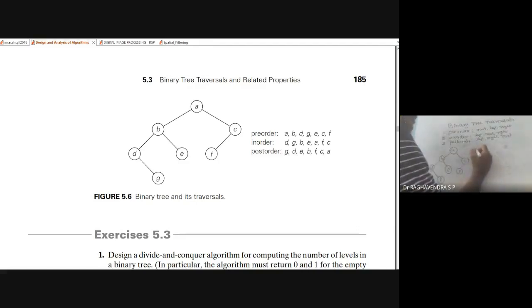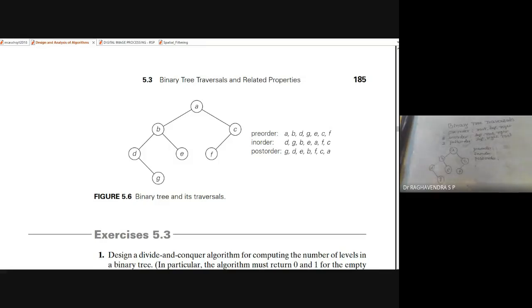We have to write the pre-order, then we have to write the in-order, then we have to write the post-order traversal process. So you have to write these things.